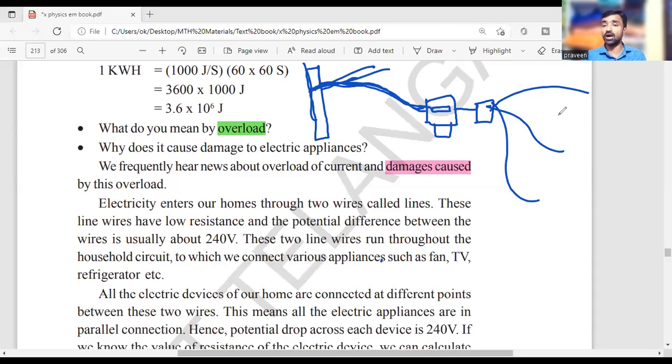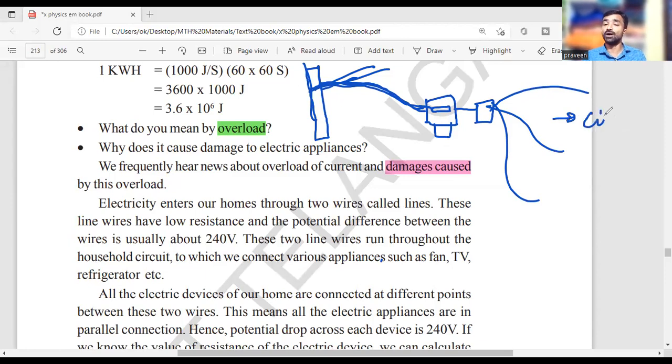To close or open circuits. So you are using multiple switches, which gives you the idea that multiple circuits are there in household connections.